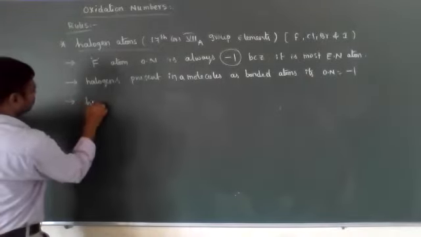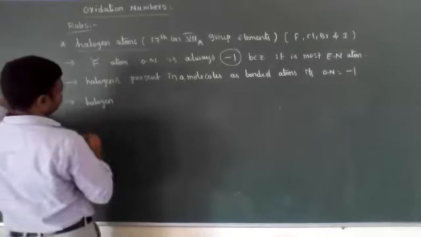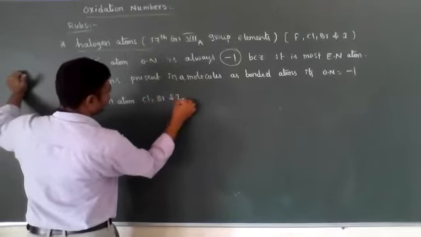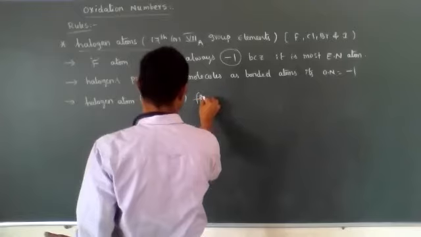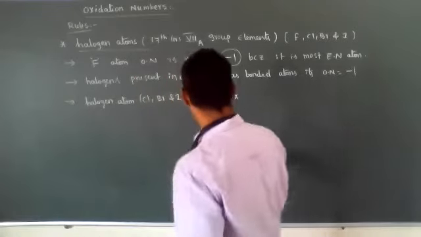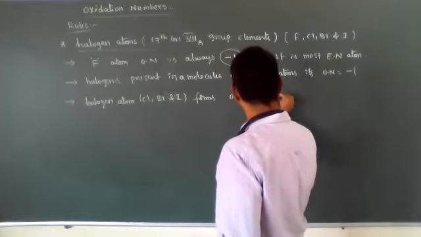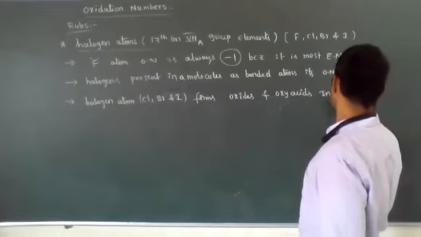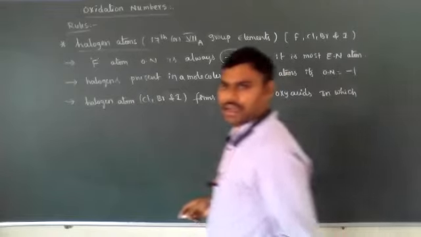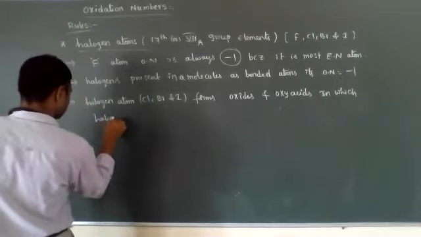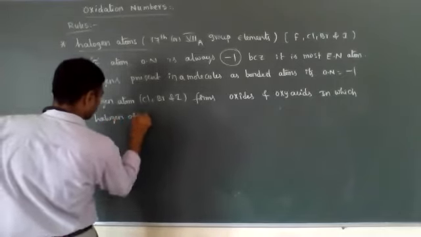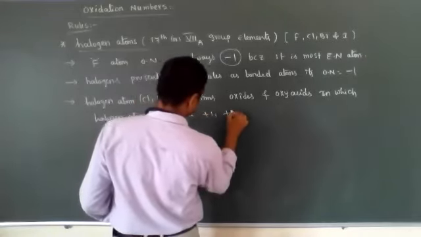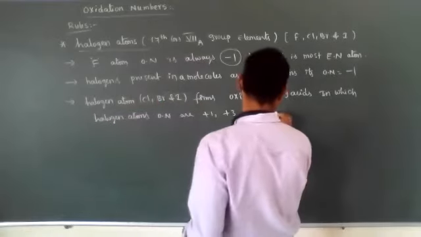Halogen atoms, especially chlorine, bromine and iodine, form oxides and oxyacids, in which the halogen atoms' oxidation numbers are +1, +3, +5, +7.